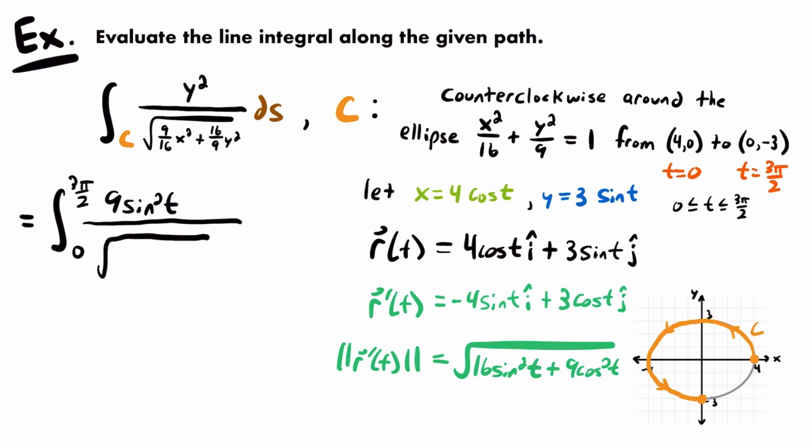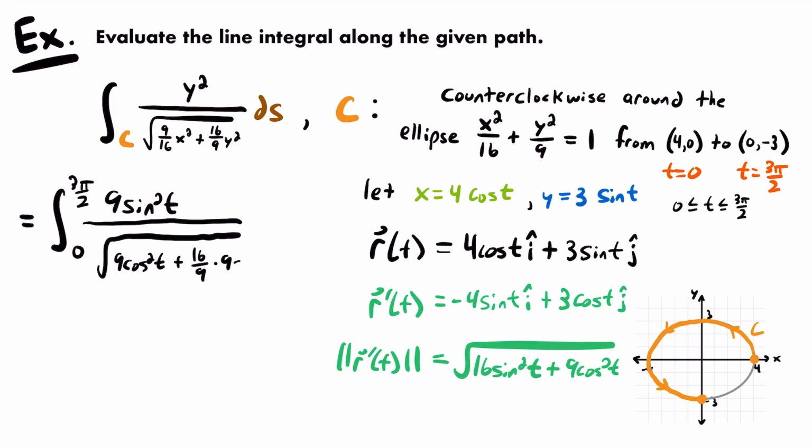As you're going to see, we have the square root of 9/16 times x squared, but x squared would be 4 cosine t quantity squared, which will be 16 times cosine squared t. So those 16s will cancel out, right? 16 divided by 16 is 1, which will just leave you with 9 times cosine squared t. So I'll just write that. We have 9 times cosine squared t plus 16/9 times y squared, which we know is 9 sine squared t.